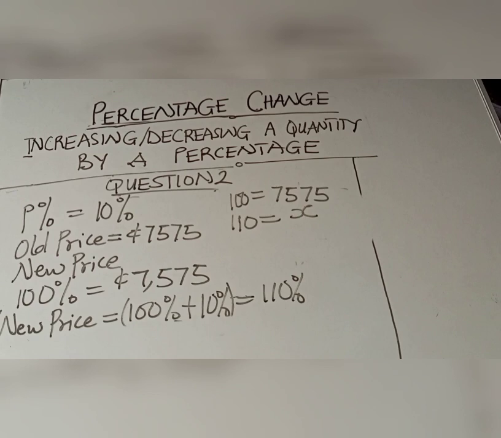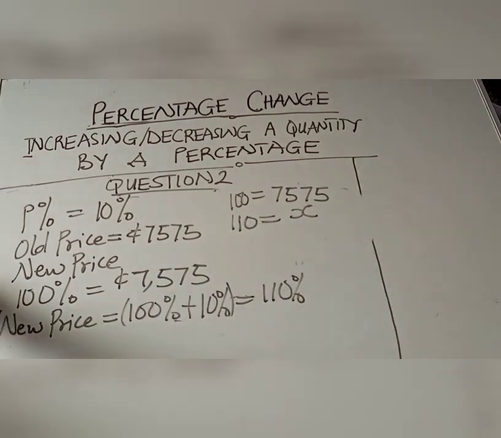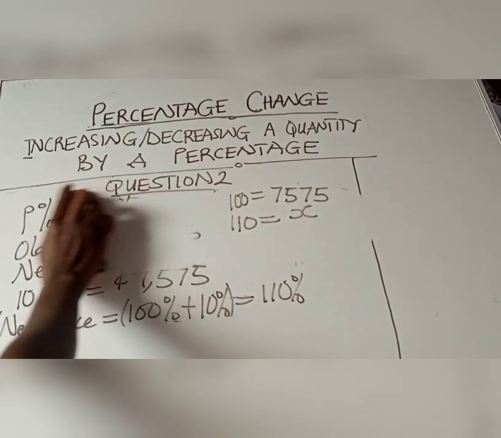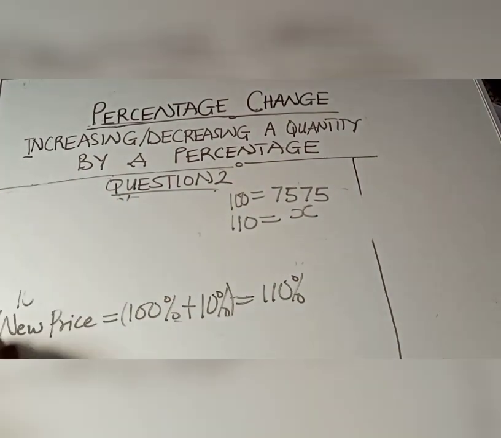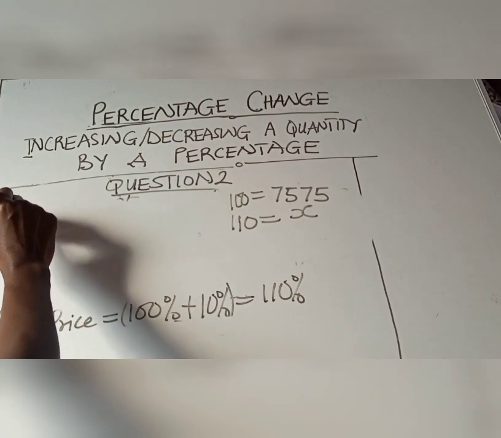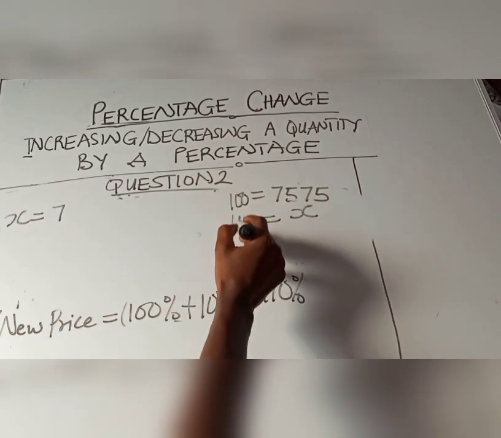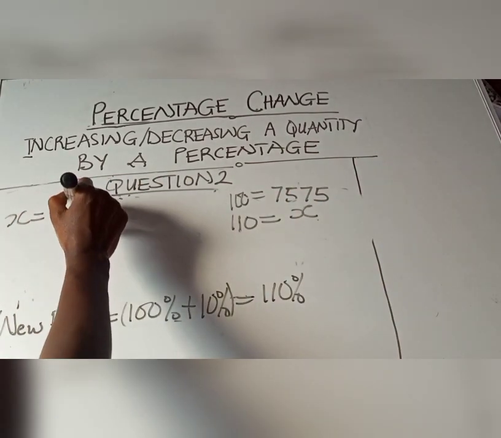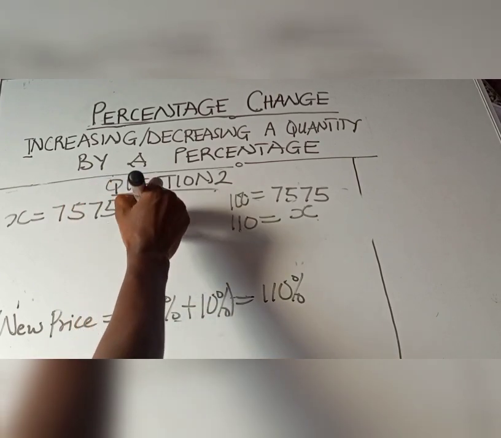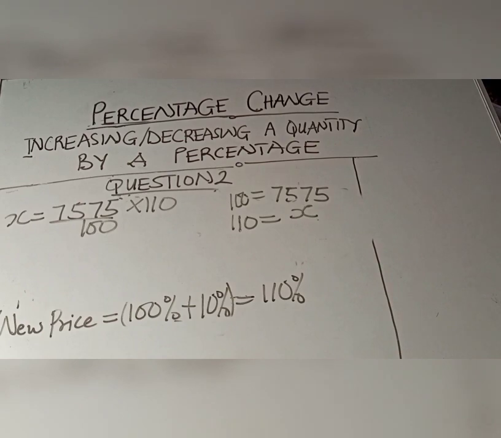Then here we can make an equation. So x is going to give us, when we cross multiply, 7,575 times 110 out of 100.